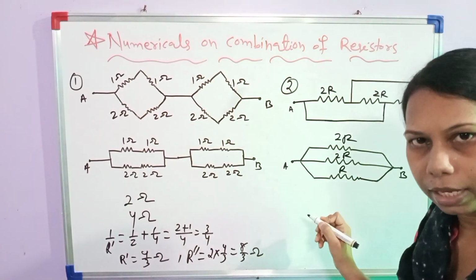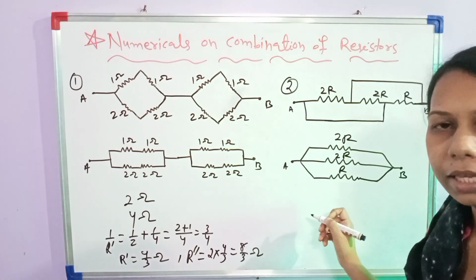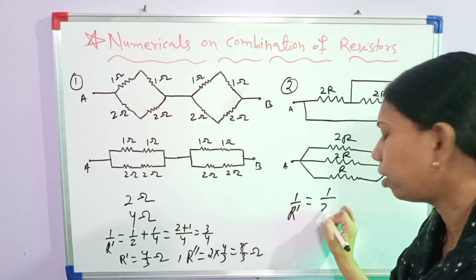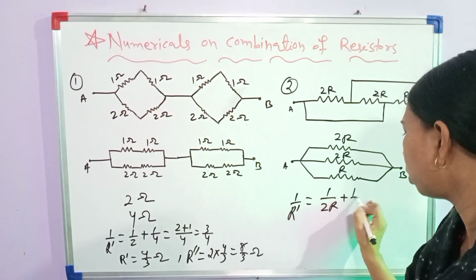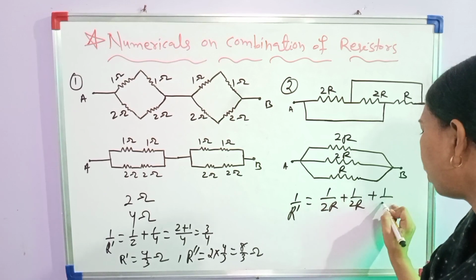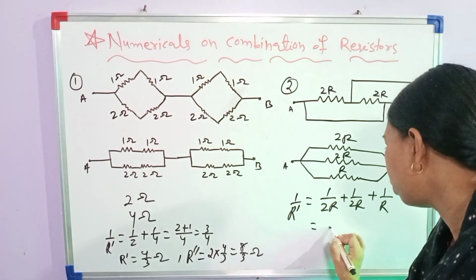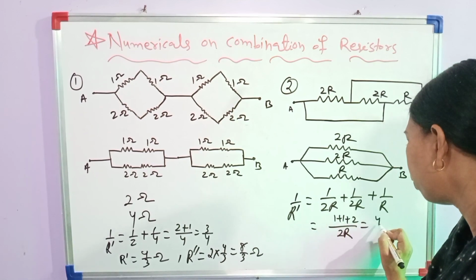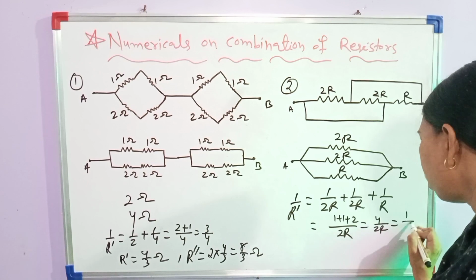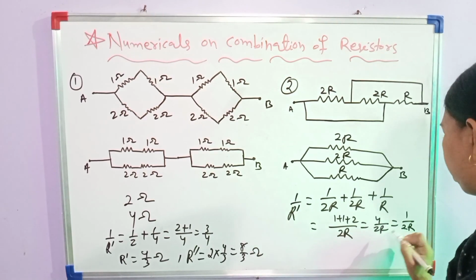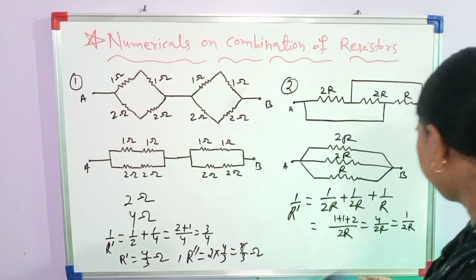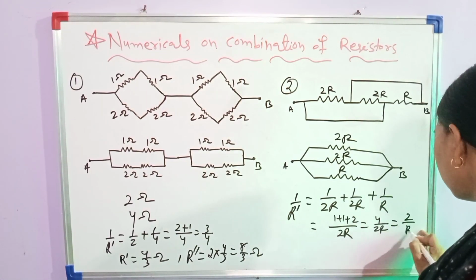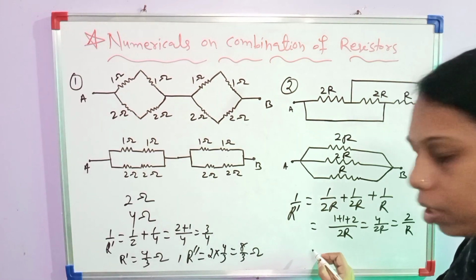Let the equivalent resistance of these three resistors be R dash. So 1 upon R dash equals 1 upon 2R plus 1 upon 2R plus 1 upon R, equals 1 plus 1 plus 2 upon 2R, equals 4 upon 2R, equals 2 upon R. So R dash equals how much?